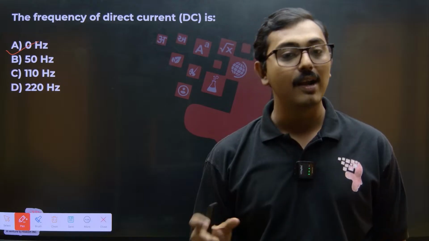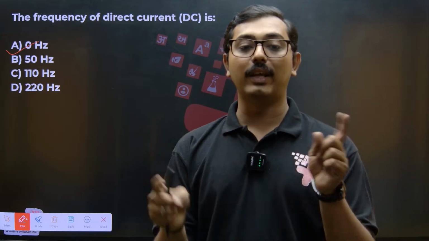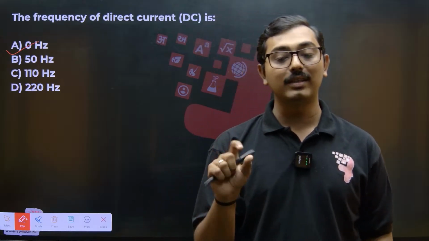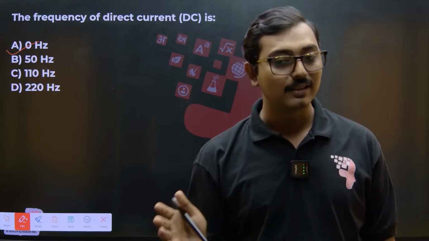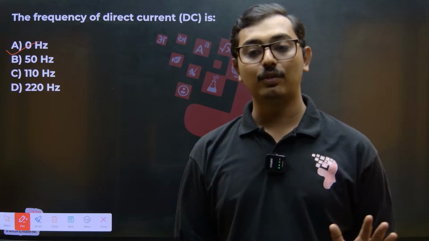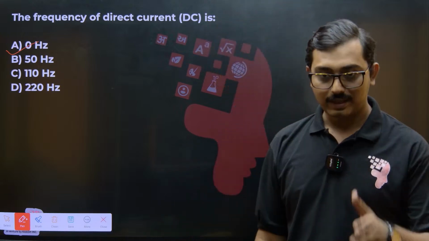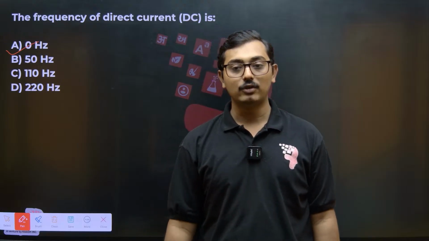Frequency is only for alternating current, because in alternating current we continuously change the direction. How many times it changes decides the frequency. But for direct current there is no requirement of alteration, hence it is going to be 0. Yes, correct, Astha Singh. It is 0 hertz.